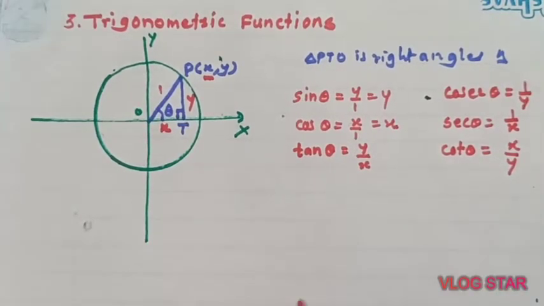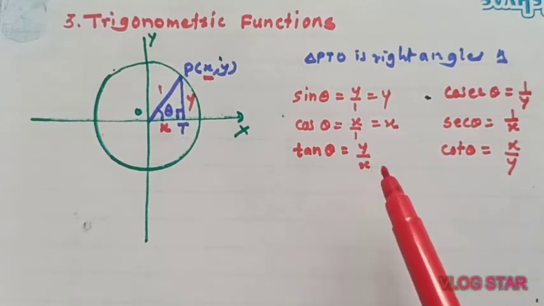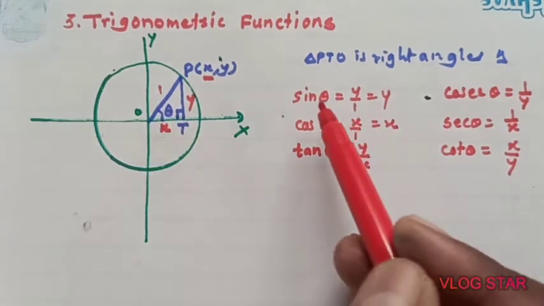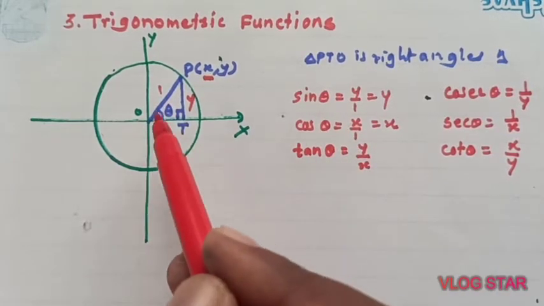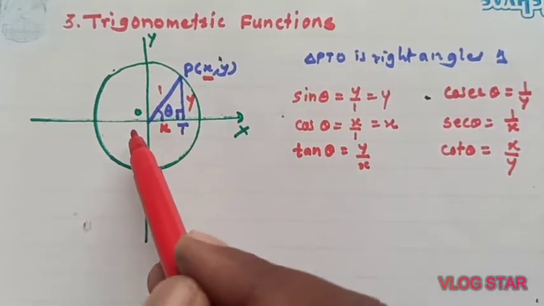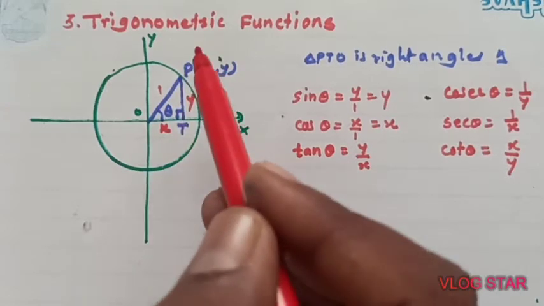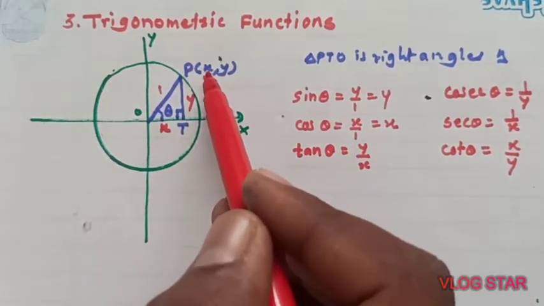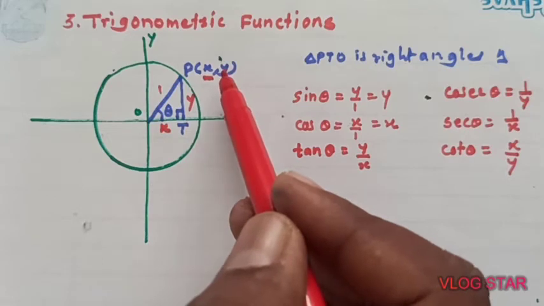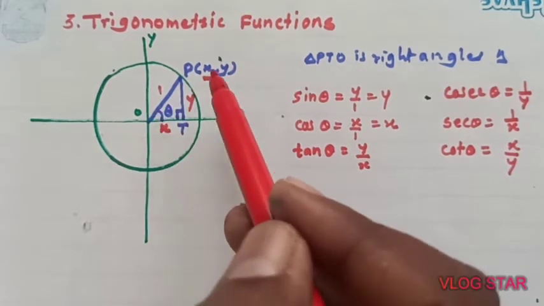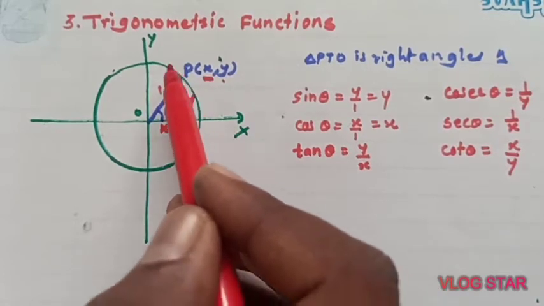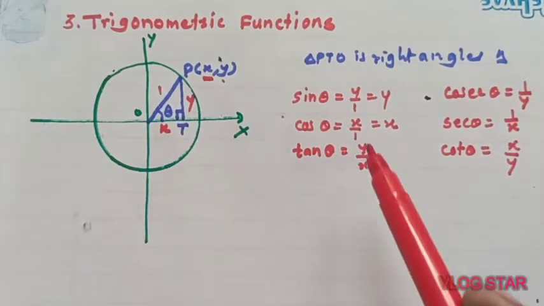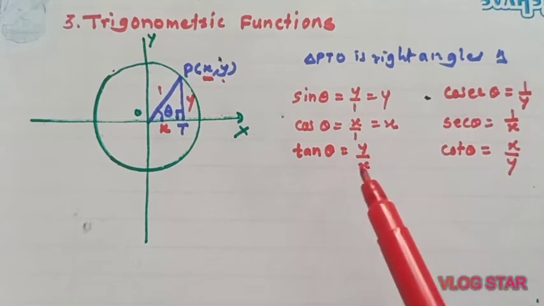So like this, all 6 ratios basically depend on theta, your angle, and your angle depends on the terminal arm OP, and P depends on coordinates x and y. So in other words, all trigonometric functions are associated with the coordinates of point P, which is on a standard unit circle. So they depend on x and y.